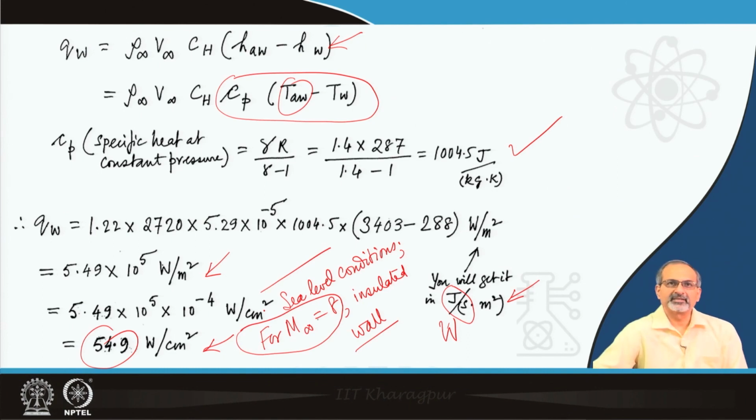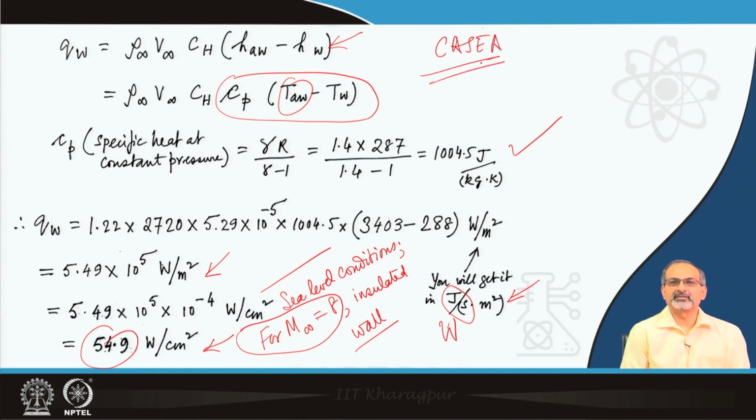In the previous lecture, we had dealt with two cases, if you recall. There was a case A where we immersed a flat plate of dimensions 1 by 10 meters, chord by span, in uniform flow at sea level conditions with M infinity equal to 8 and an insulated wall.